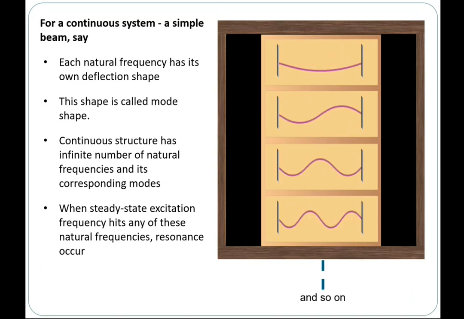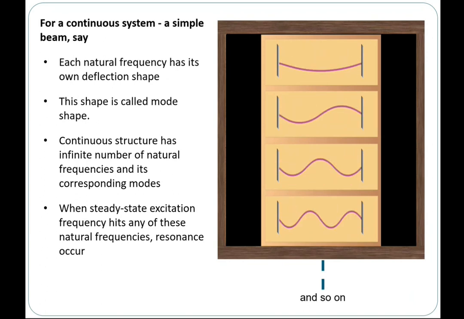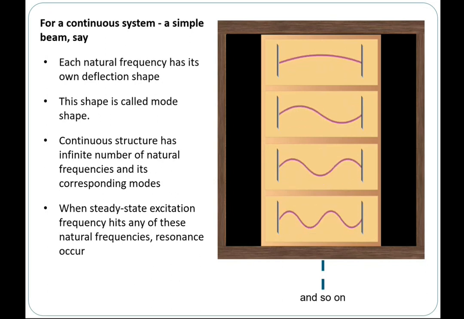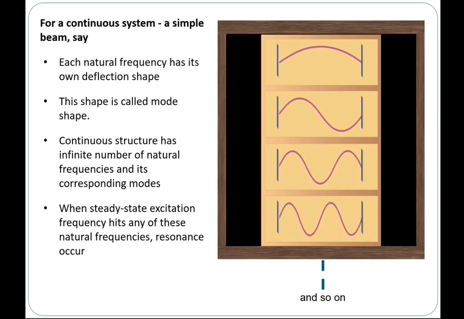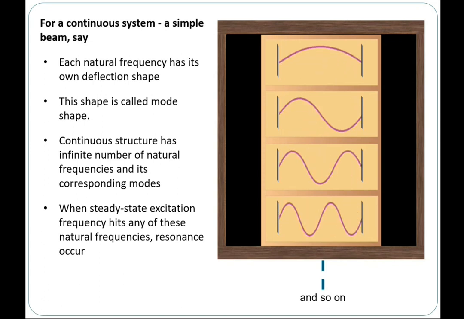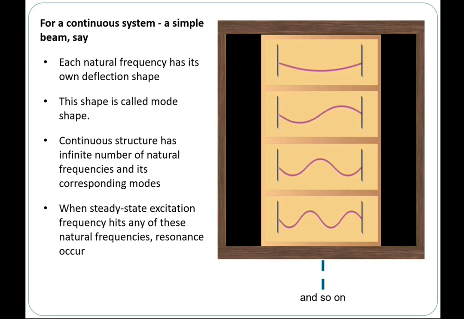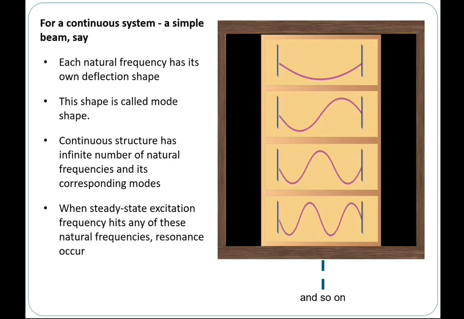So when resonance happens, what will happen? Your vibrations or amplitudes will be amplified, as we mentioned in our first few topics on vibration and resonance. Even with a very small force, because the resistance is very, very low, low resistance will give you high vibrations. So this high vibration is not due to high force, but due to low resistance.